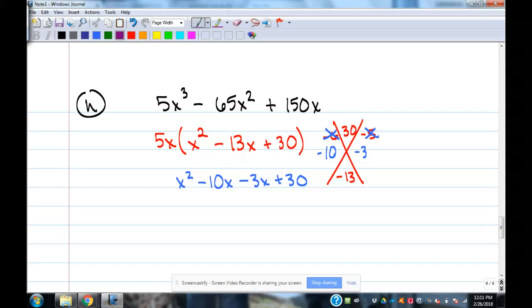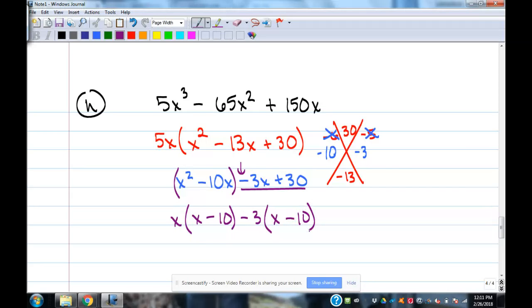Now what? Group. The GCF of that group, left in parentheses. Good. GCF of the second group: negative 3, because remember we have to go with that sign right there, so it's a minus 3. And then it leaves in parentheses x minus 10. Remember, pulling that negative out makes that a minus 10, and we need those to match.